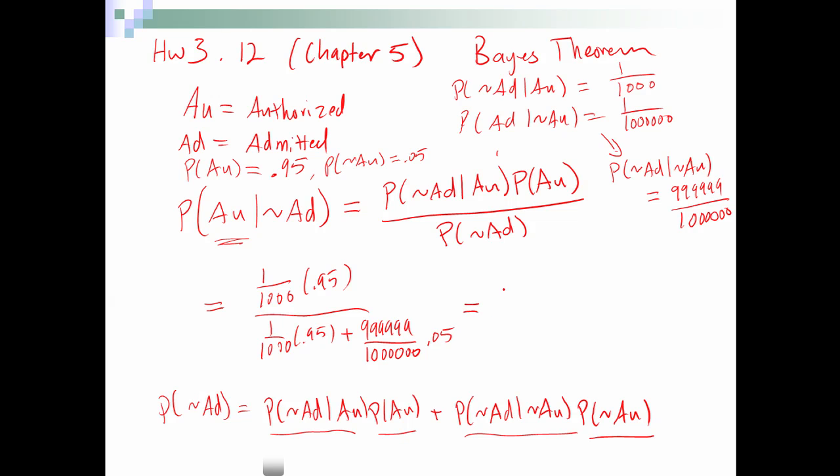And that's going to be equal to 0.00095 over 0.05095, and that's equal to 0.01864573. So what this is saying is, given that somebody was not admitted, the probability that they were actually authorized is about 2%, 1.8%. And that's what the question is asking us.